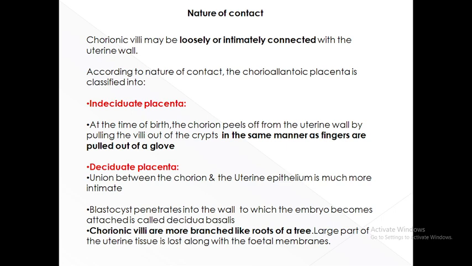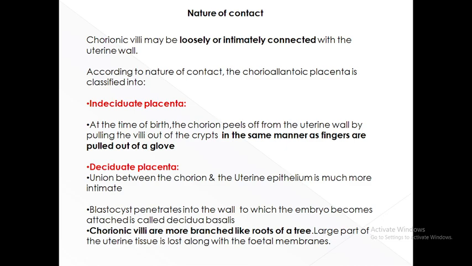So whenever there is a removal of the fetus from the maternal or uterine wall, there is bleeding. So there is a very intimate contact of the fetus with the uterine wall.